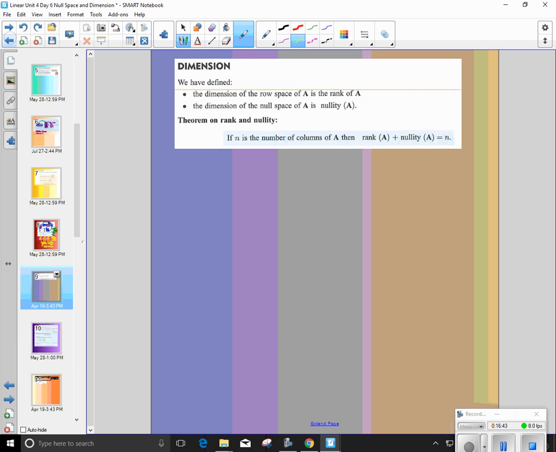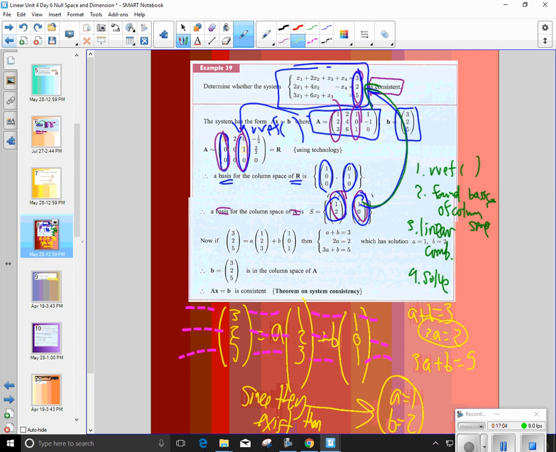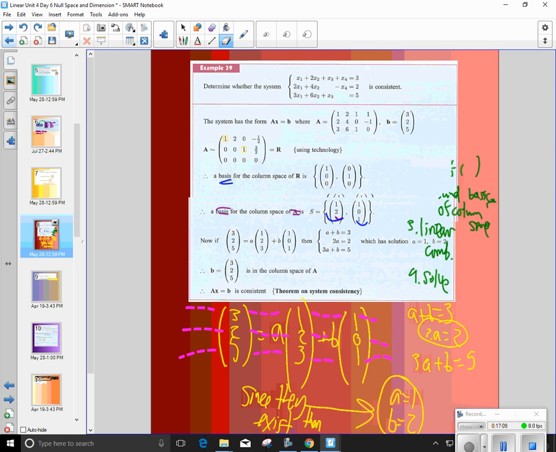Oh, one more thing. I just caught this dimension and nullity formula. This is helpful in relating all of this. So if you take the row rank and the nullity, it should add up to how many columns there are. So let's say you had this one here, and you see that there's four columns.